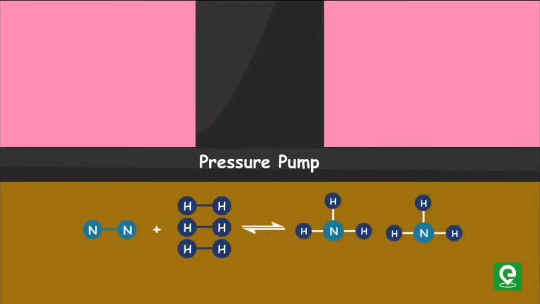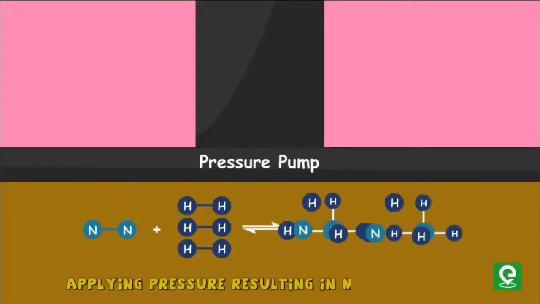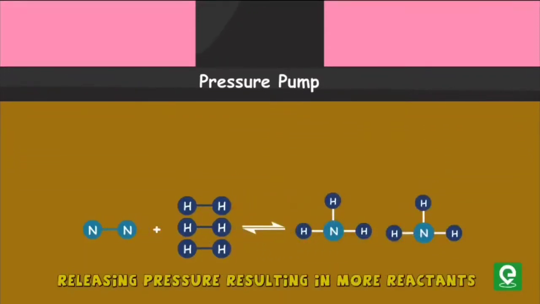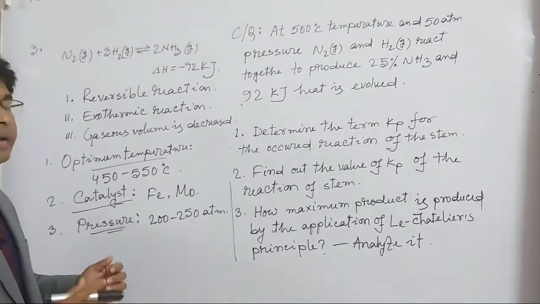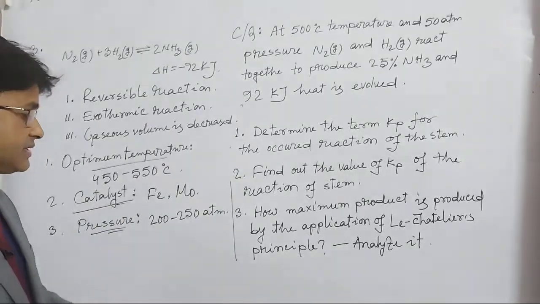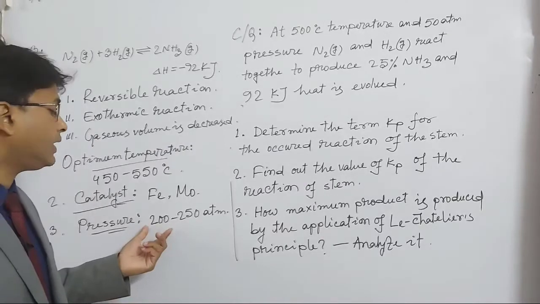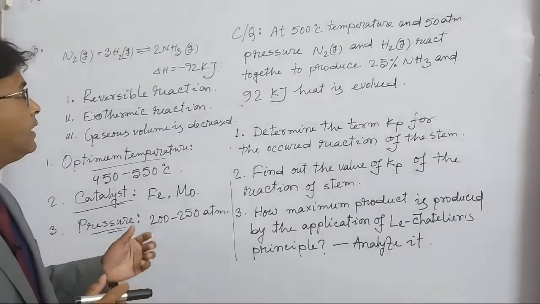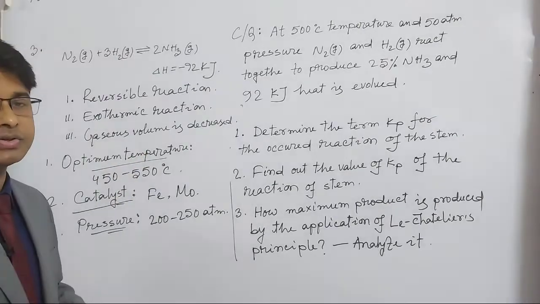I mean the forward reaction rate is increased to neutralize the effect of change of pressure. According to the Le Chatelier principle, after applying 200 to 250 atm pressure, maximum ammonia is produced.